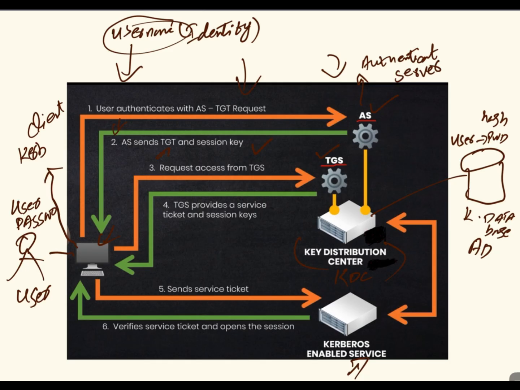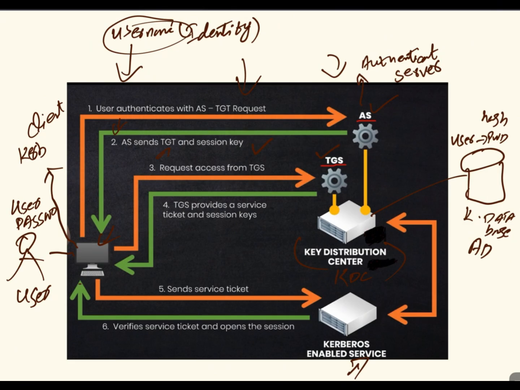If this client has the right or correct password which is already stored in the database, while registering, when the user is initially registered, it has the username and password, then the client would be able to decrypt only the session key, because the session key is encrypted with the password derived key.